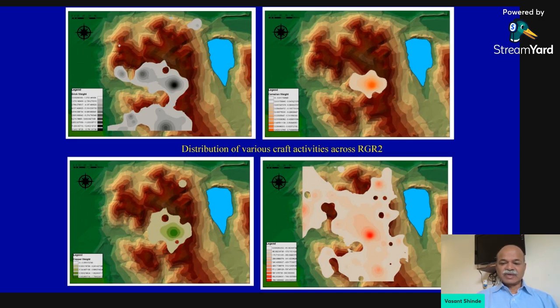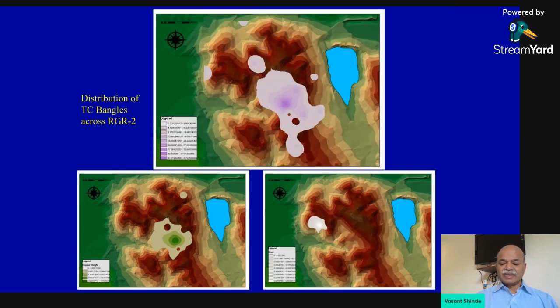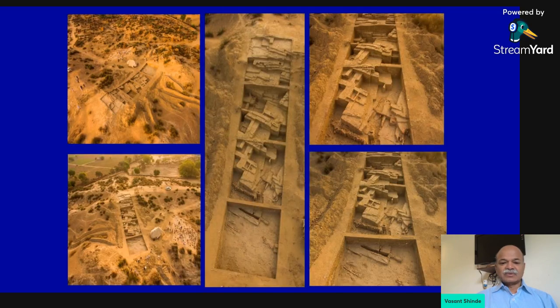We were also able to identify where the copper objects were manufactured, where the stone objects were manufactured, where beads were manufactured, where the terracotta bangles were manufactured, etc. So we were able to get some good data based on our surface research.